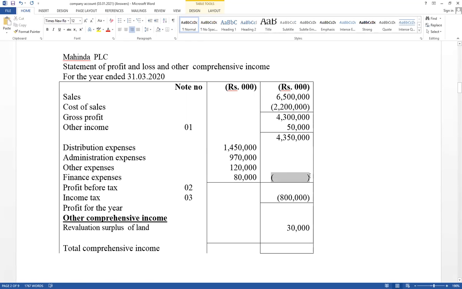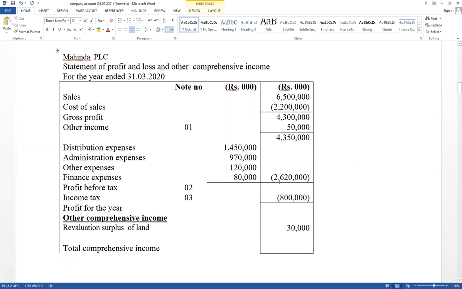And take total expenses within brackets: 1,450,000 plus 970 plus 120 plus 80. Total expense within brackets in the second column equals 2,620,000.